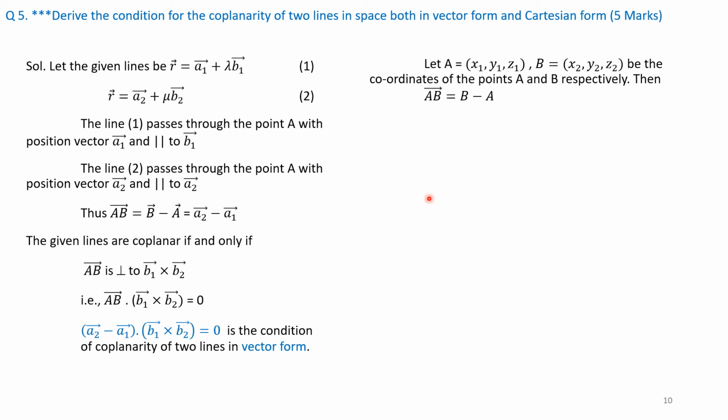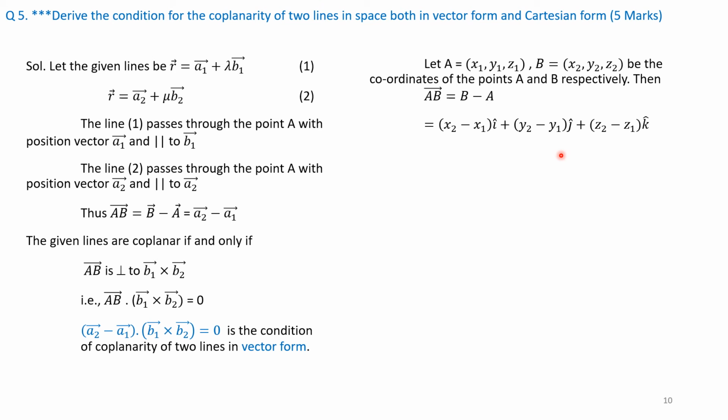Let A = (x1, y1, z1) and B = (x2, y2, z2) be the coordinates of points A and B respectively. Then AB is equal to B minus A, that is equal to (x2 minus x1) i plus (y2 minus y1) j plus (z2 minus z1) k. That is the vector subtraction.